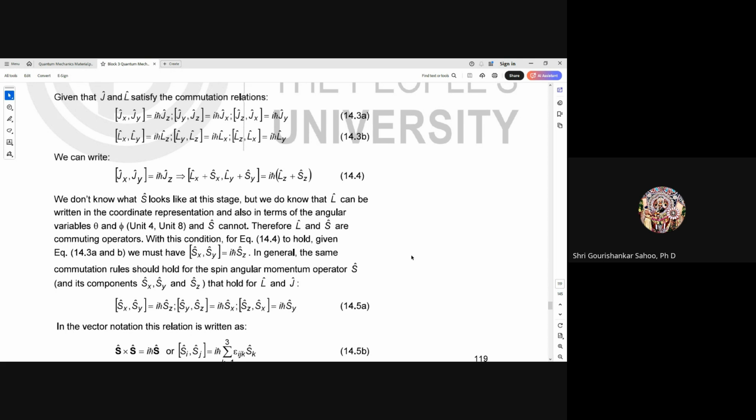We don't know what S cap looks like at this stage, but we do know that L cap can be represented in a coordinate representation and also in terms of the angular variables theta and phi, and S cap cannot.